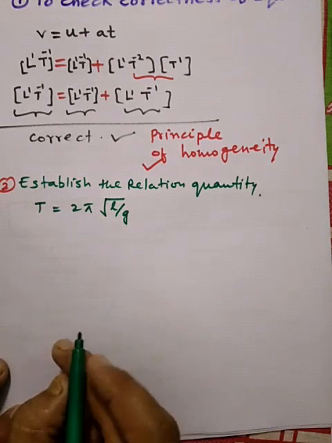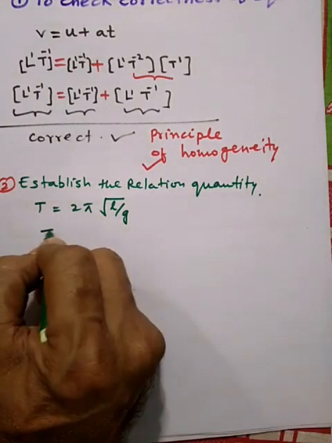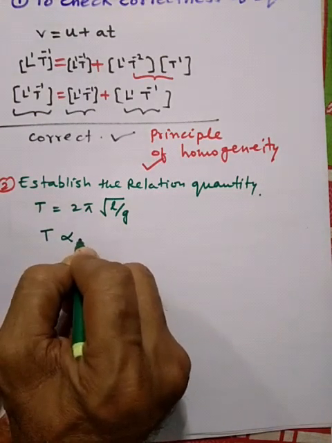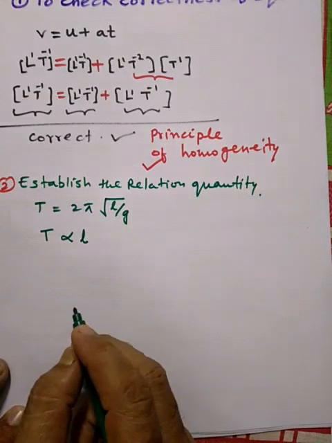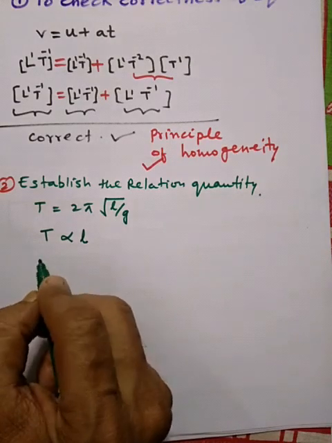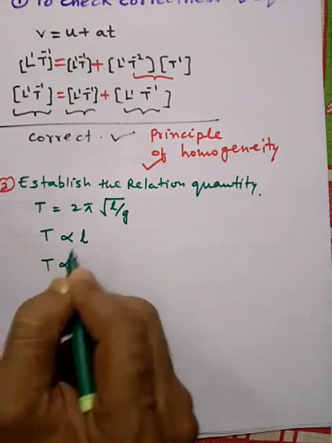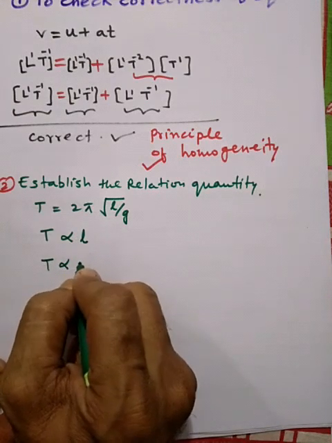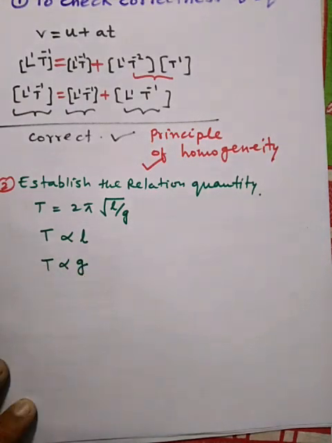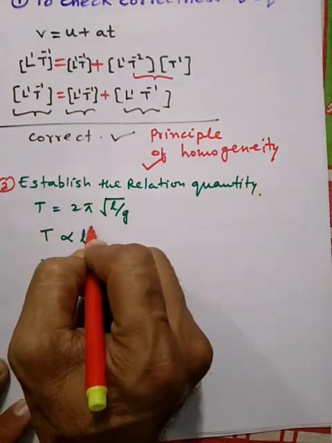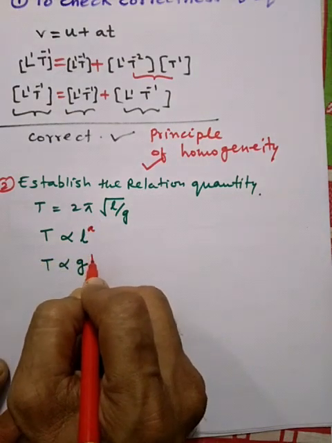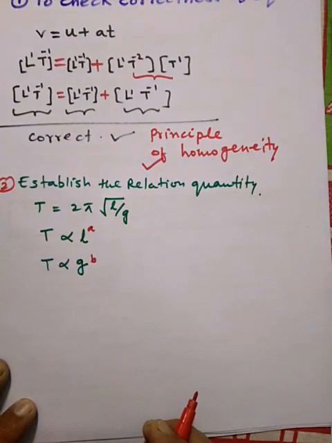gravity. According to the law of pendulum, periodic time of pendulum is directly proportional to the length of the pendulum, and periodic time is also directly proportional to acceleration due to gravity. We consider the power of L is a and power of g is b.